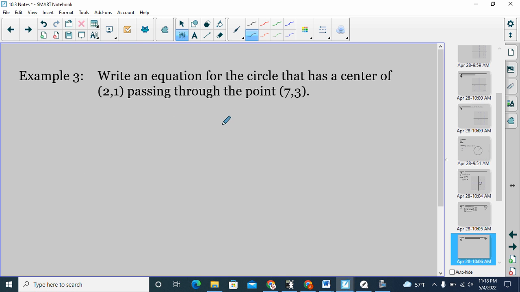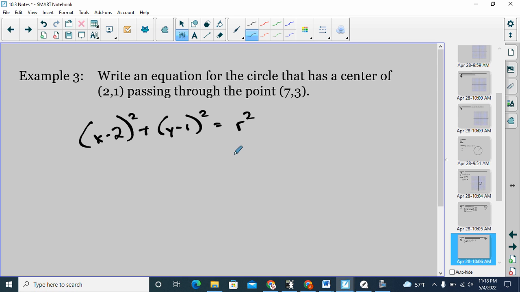Example 3 asks us to write an equation for a circle given the center and another point on the circle. Write an equation for the circle with the center at (2, 1) that passes through the point (7, 3). So center is at (2, 1). We should be able to take care of that. Let's set that equal to r squared.